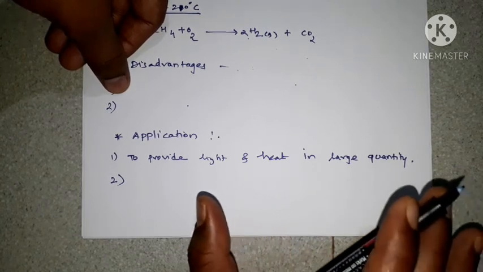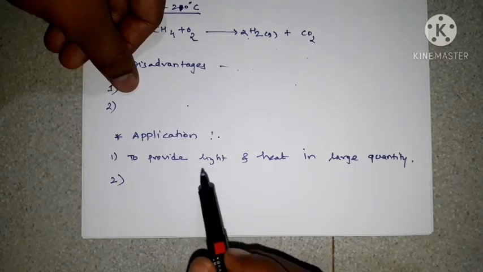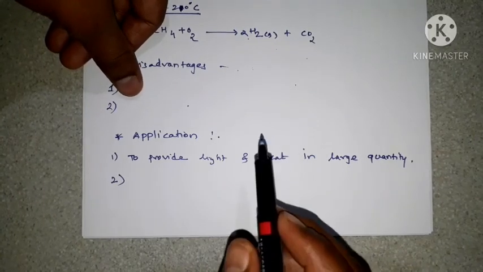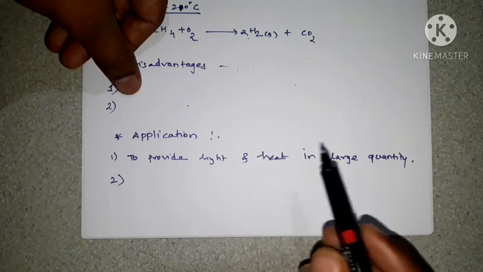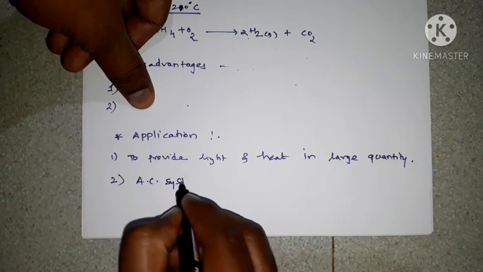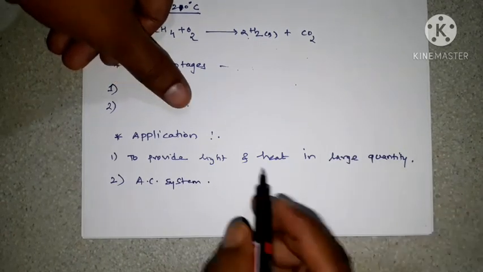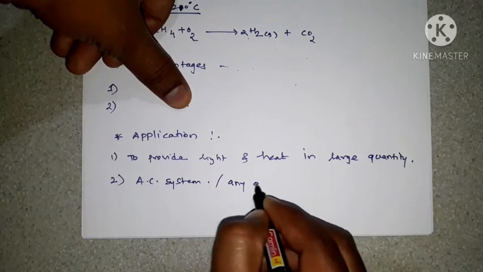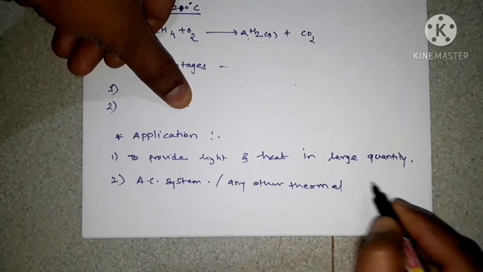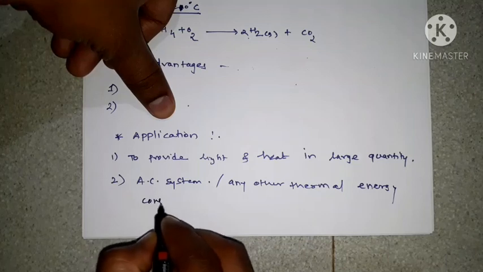So the heat generated by the phosphoric acid fuel cell is used for air conditioning systems or any other thermal energy consuming system.